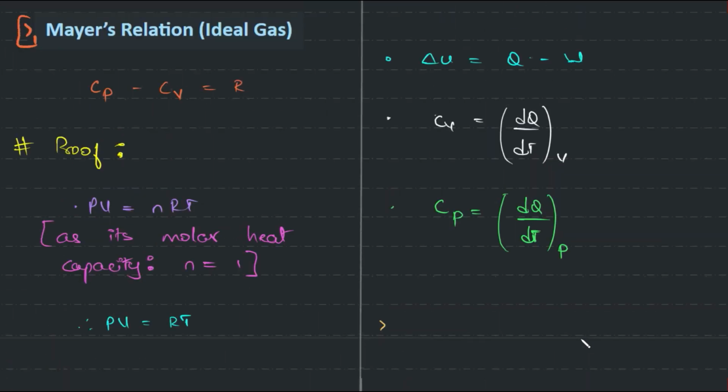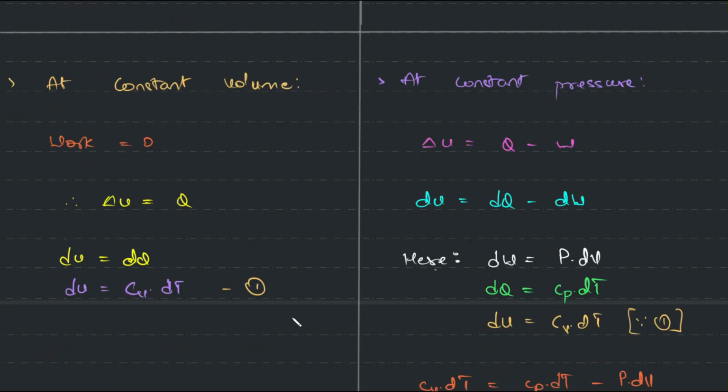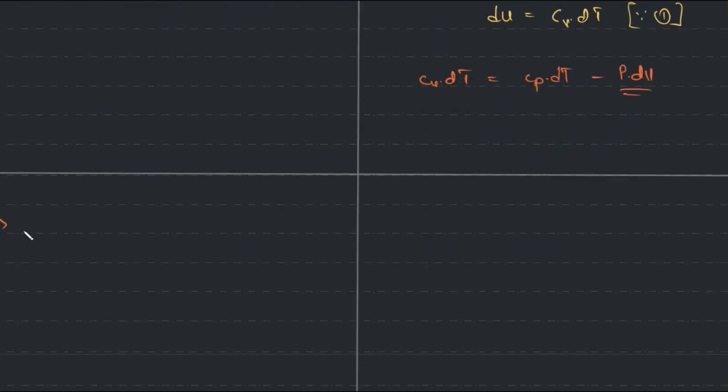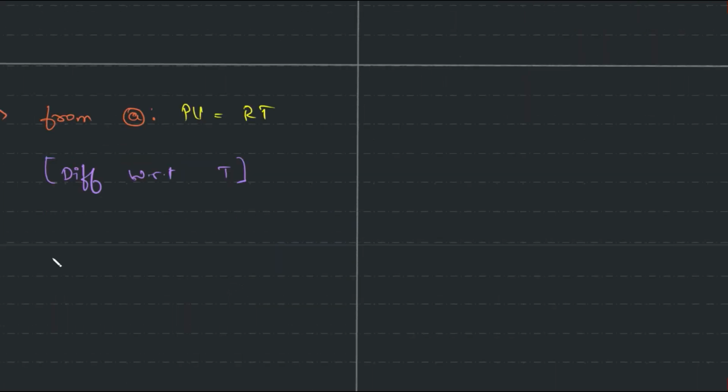What do we use? Yes, we'll make use of A. I'll call this A. From A, we have PV is equal to RT, with n as 1, remember. Now, we need dV, so for that we will differentiate with respect to temperature. This is a product rule.